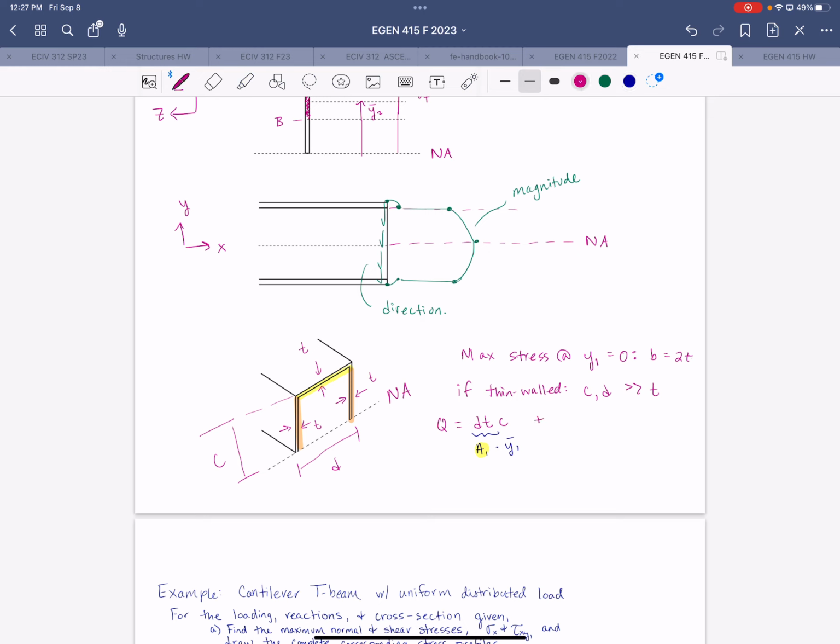Is that D times D? No, good question. That is D, the dimension D times T. Let me clarify that.